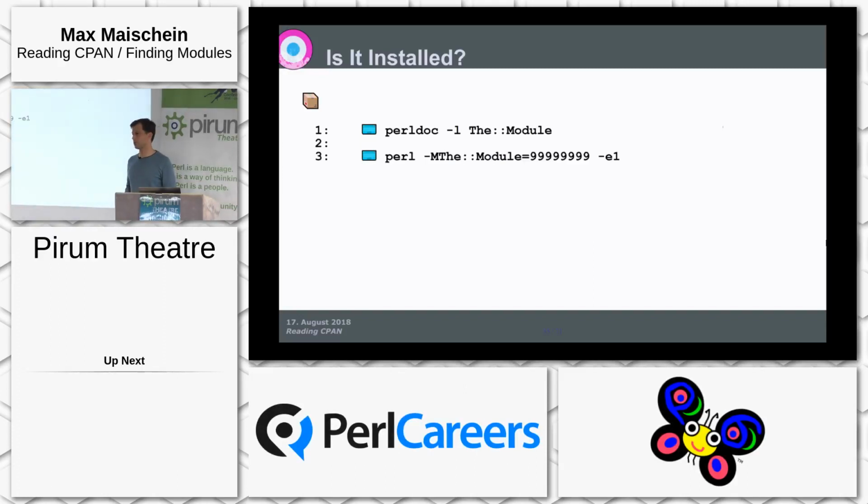If you don't have perldoc installed, because some distributions strip perldoc from the Perl distribution, you can also use this one-liner to load a module. And yeah, if it fails, Perl will tell you that.